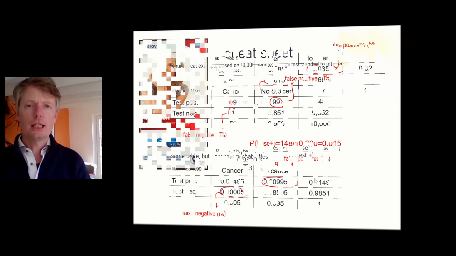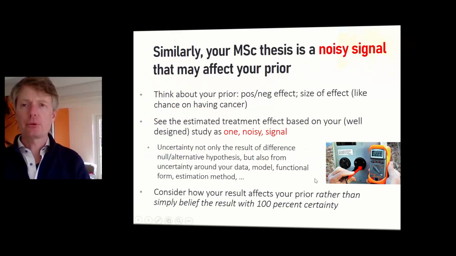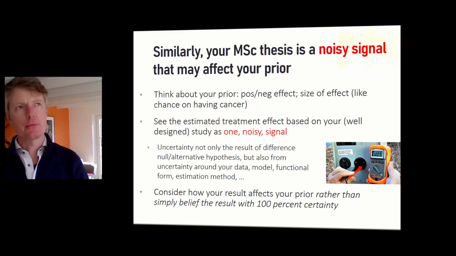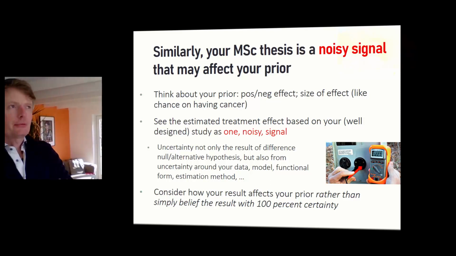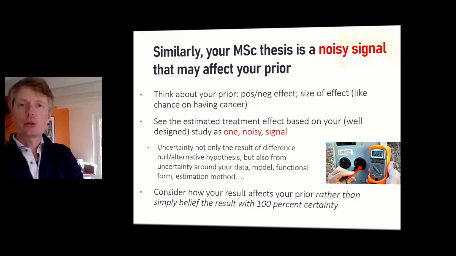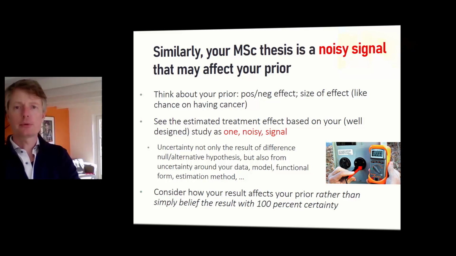Alright, so we've gone through this classic example showing you how the Bayesian process of updating of beliefs actually works. And that's also the perspective you should have on your own empirical work. Your MSc thesis and its results are going to be a noisy signal based on which you are going to update your prior.